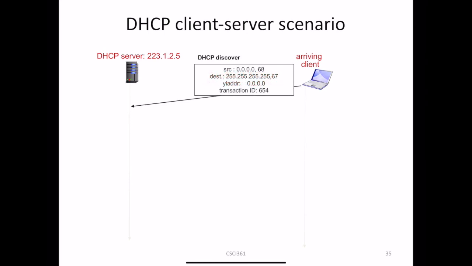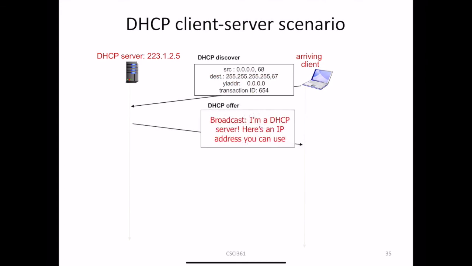And when the DHCP server receives this DHCP discover message, it will send a DHCP offer, which is also through the broadcast way, saying: I am a DHCP server. Here is an IP address you can use.